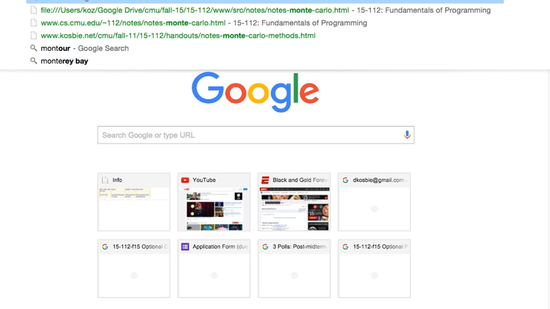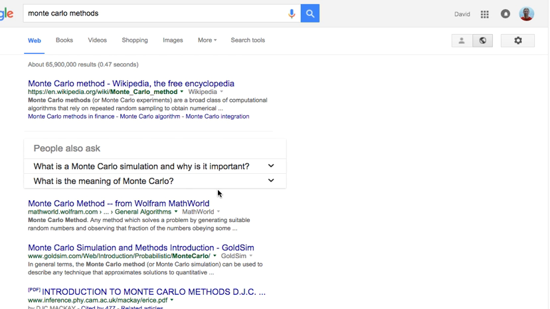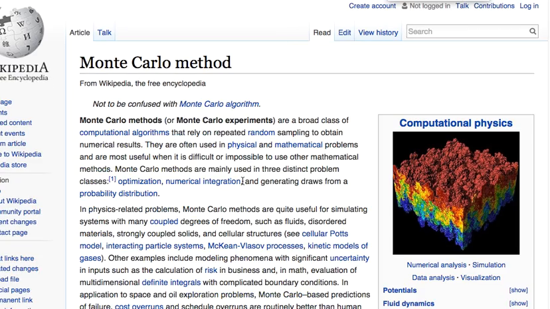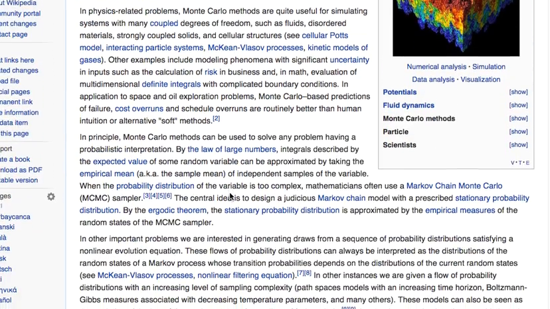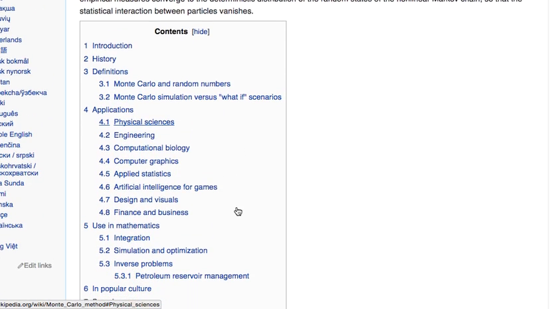You can do a Google search on Monte Carlo methods, and you will find a whole bunch of stuff about it out there. Wikipedia, MathWorld, certainly good places to start. And if you were to look through Wikipedia, you will notice a lot of what we talked about. And then applications.